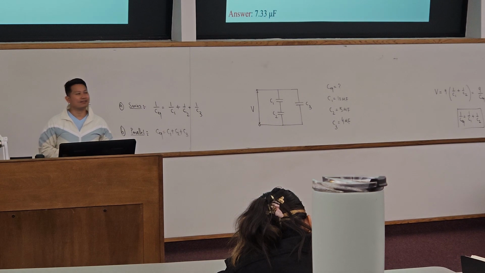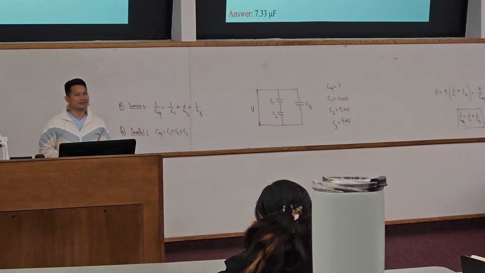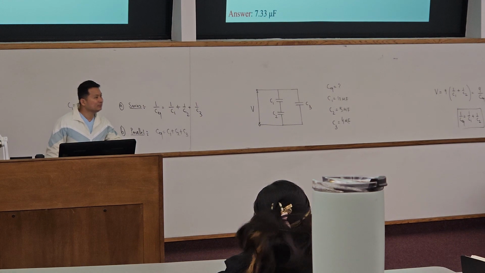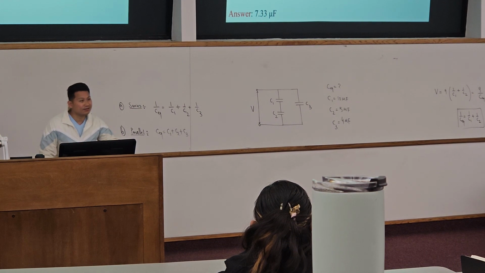It's a discussion class, I really encourage students to discuss during the class. Student: Wouldn't you add C1 and C2 in series and then add C3 as a parallel? That's very interesting. Yeah, that's what you have to do.